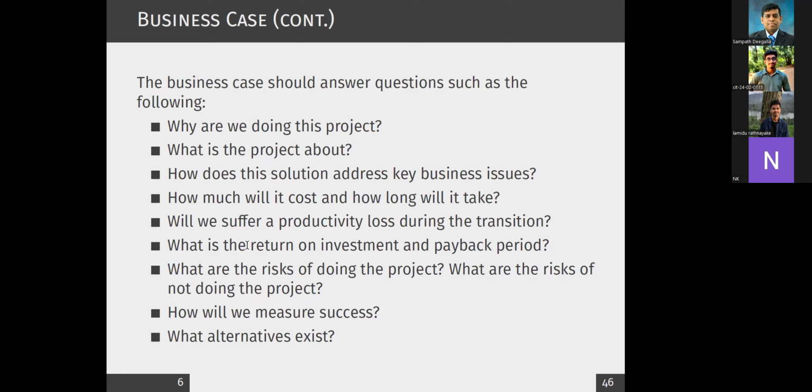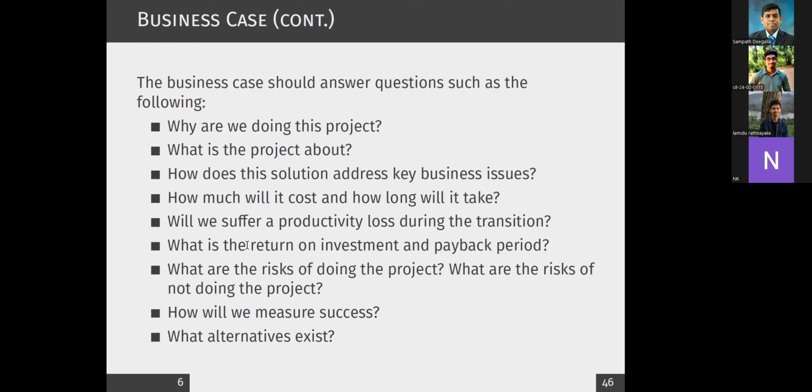Then, what are the risks of doing the project? When doing a project or developing an information system, there's always a risk. So first of all, you have to identify what the risks are if you do the project. On the other hand, you have to ask, what are the risks of not doing the project? If you do not develop a student support system, what might happen?